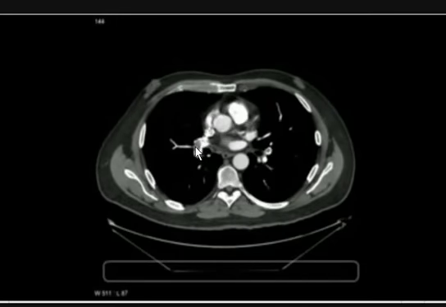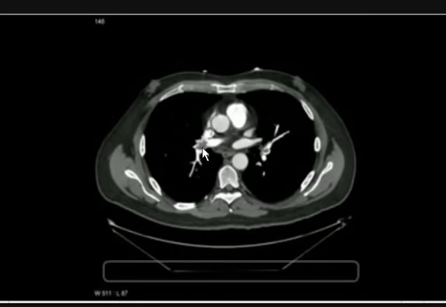You can still see a clot here. This is main pulmonary trunk. Okay, clot is still visible here. You can see a clot here as well in the left pulmonary artery, branch of left pulmonary artery.